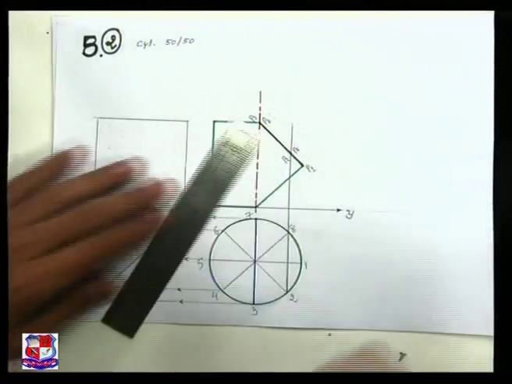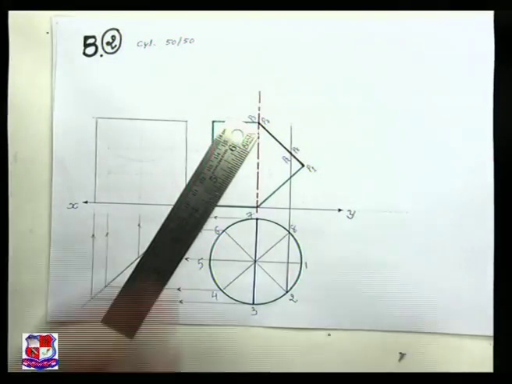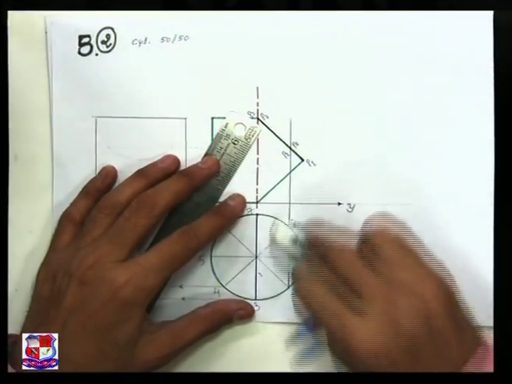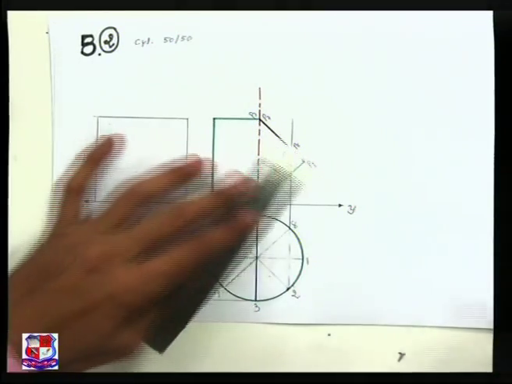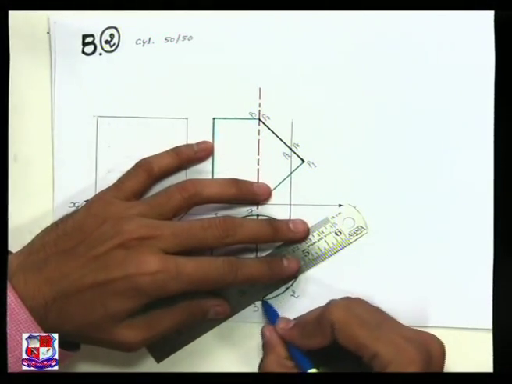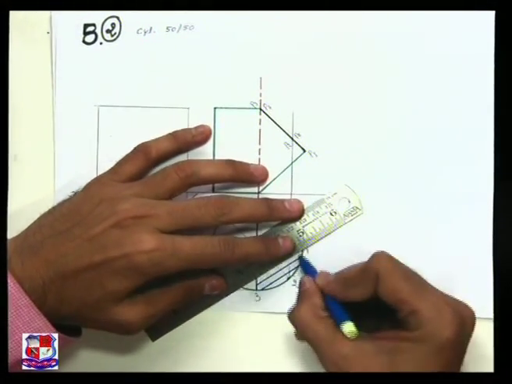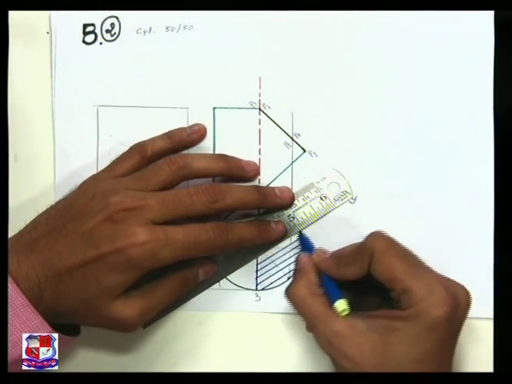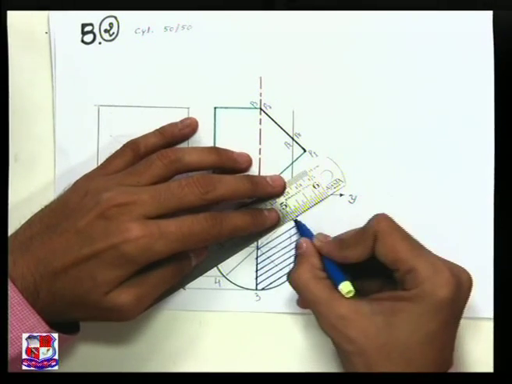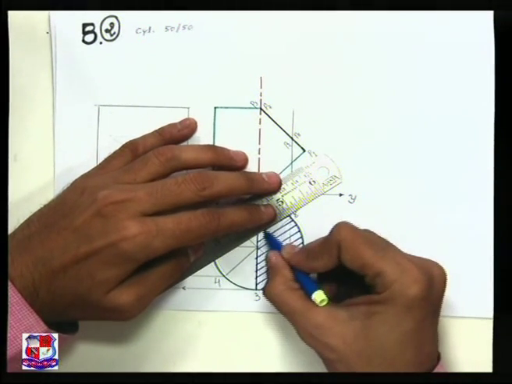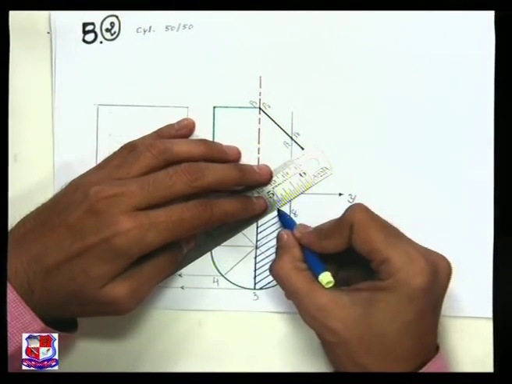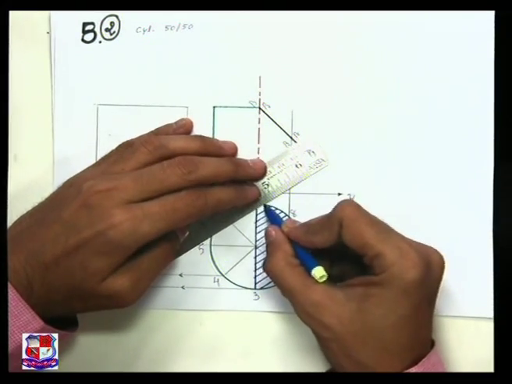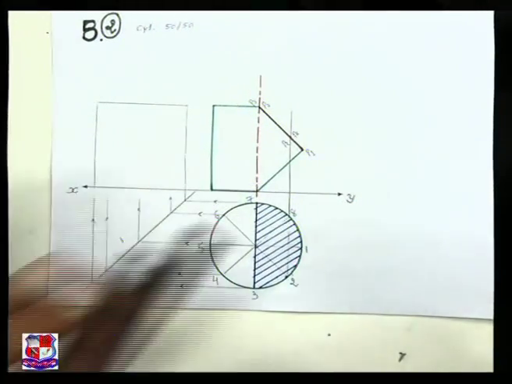In this region we have to erase these internal lines and then draw section lines. So it represents the sectional top view of this cut cylinder, and here 2 cutting planes are there and both are alike, so no need to draw the bottom one. The bottom one is overlapped by this upper one.